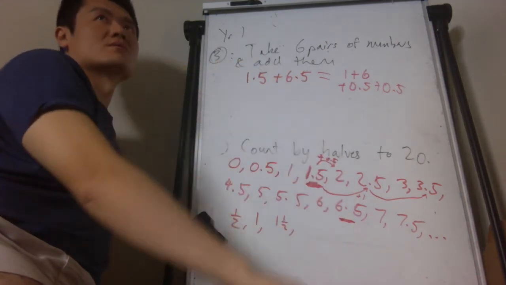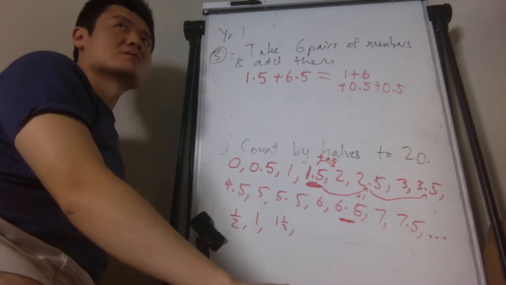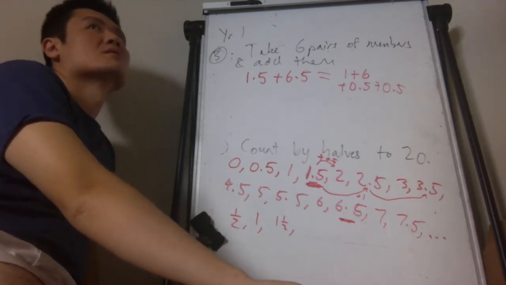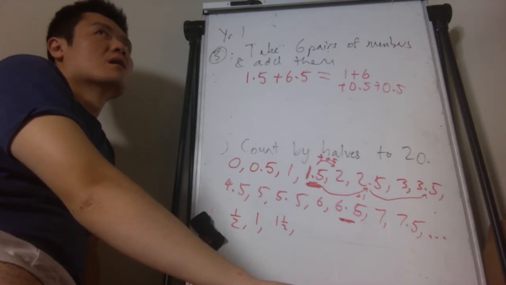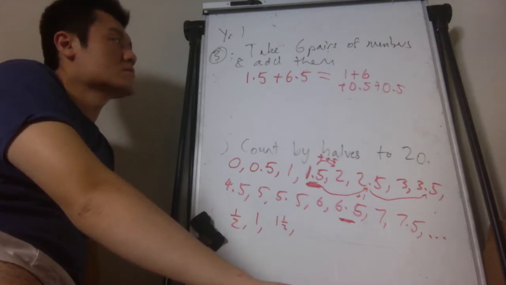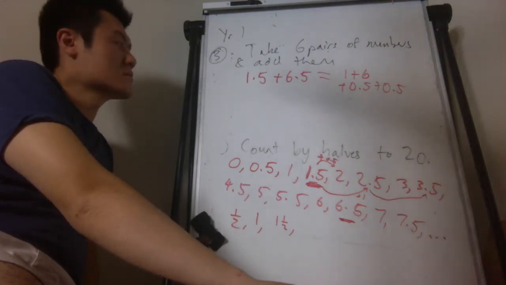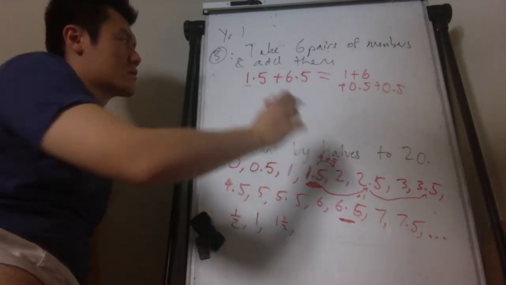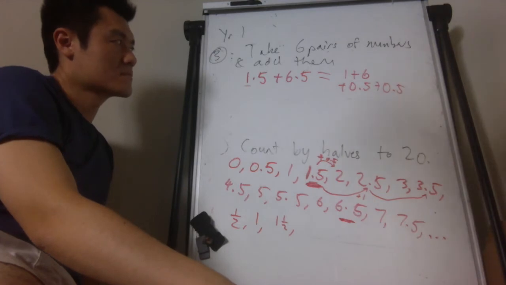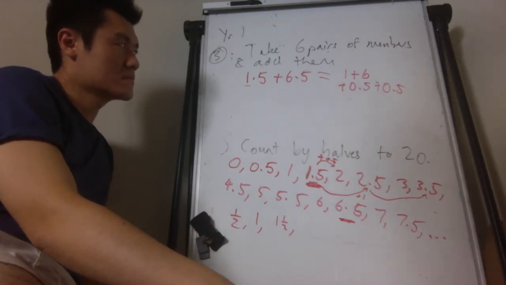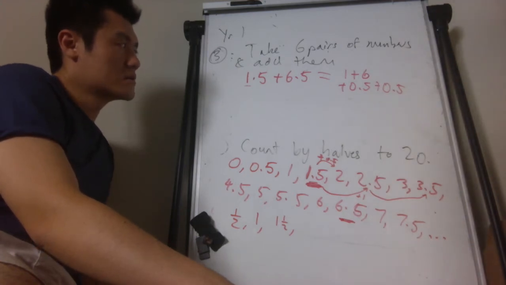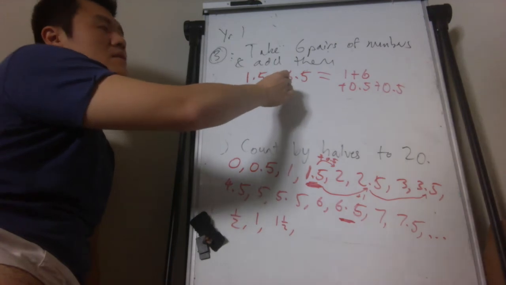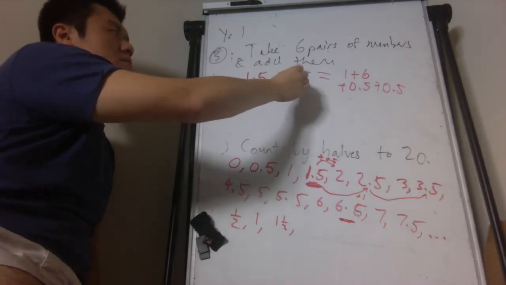So you have to do the plus with the thing before the 5, and the 6 and 1 go together, and then they make 7. So you make these to 7, right? And then you got to do another 0.5 and another 0.5.